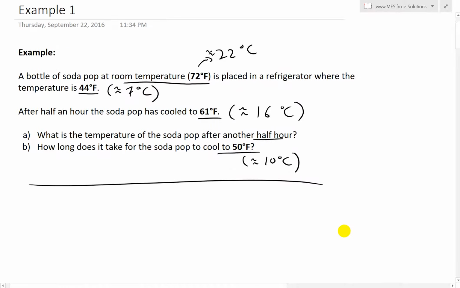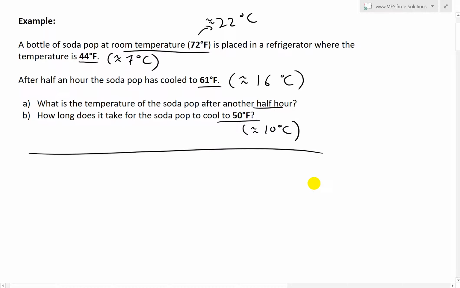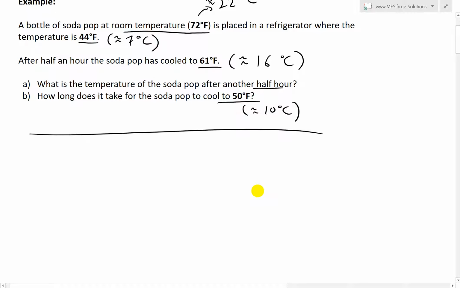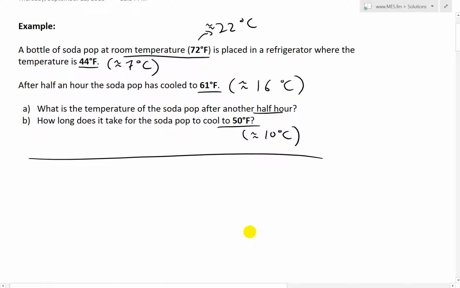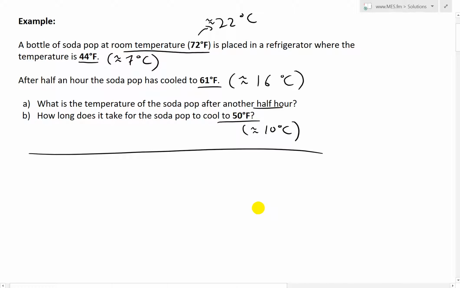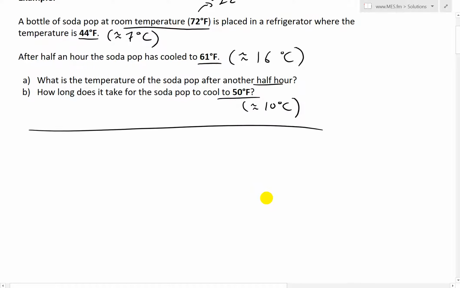The first thing we have to do is define our terms. Before I get to part A, we'll try to get a formula for the cooling of the soda pop. Let T of t be the temperature, in Fahrenheit.